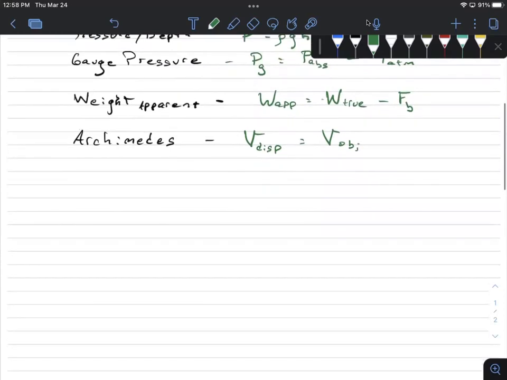Another relationship for Archimedes' principle tells you that if you take the water that was displaced, so let's say we set up an experiment with the bathtub, we fill the bathtub all the way to the tip top, and then you get in the bathtub. Well, the water is going to overflow, and let's say all that water is collected.